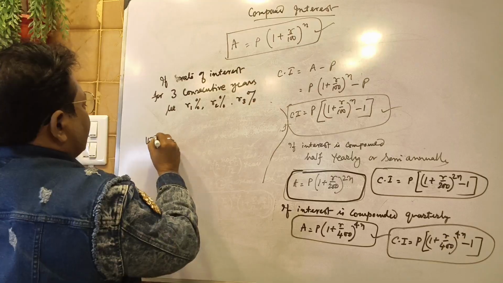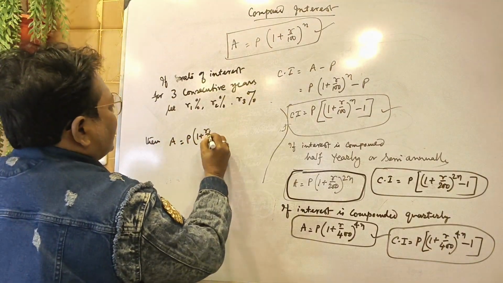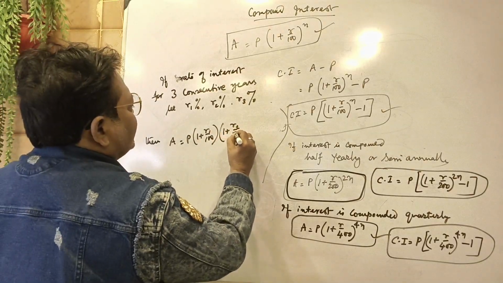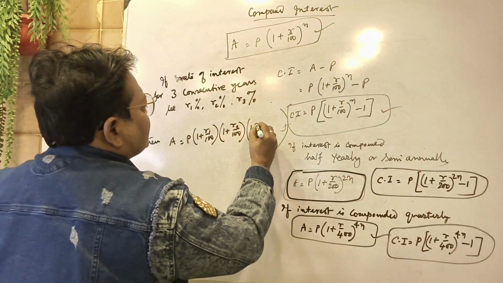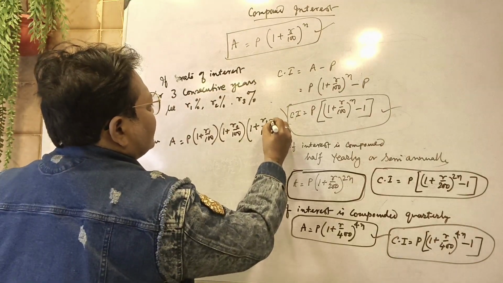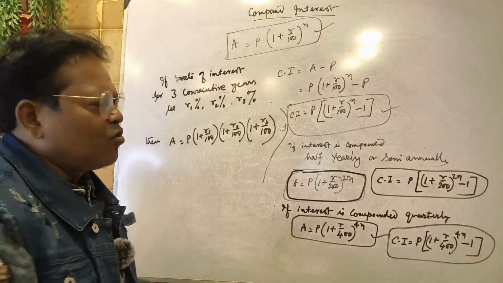Then the amount is equal to P into 1 plus R1 by 100 into 1 plus R2 by 100 into 1 plus R3 by 100. This is no power. In this case, there is no power.